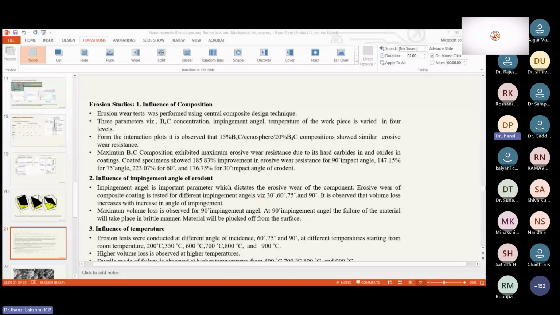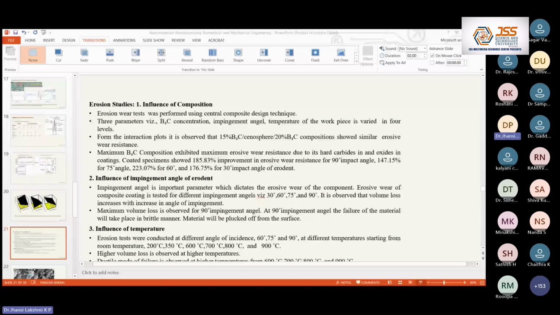The optimum B4C concentration was found to be 15% B4C, load 15 Newton, pin temperature 75 degrees Celsius and sliding speed of 500 meters. The particle concentration is the main influencing parameter amongst all 4 parameters. From these results, we can conclude that cenosphere can be used in optimum.